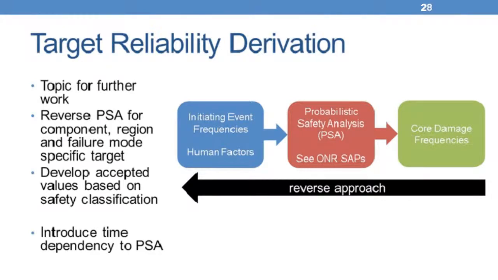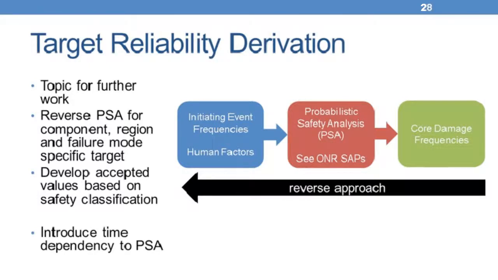But it's also possible to reverse this procedure, starting with a target damage frequency to establish what the individual components of failure mode reliability targets are. And these can then be used to define an acceptance criterion for any of the other techniques that I've just described. Another option is to develop a set of target reliability criteria that are based on the safety classification of the component or system.